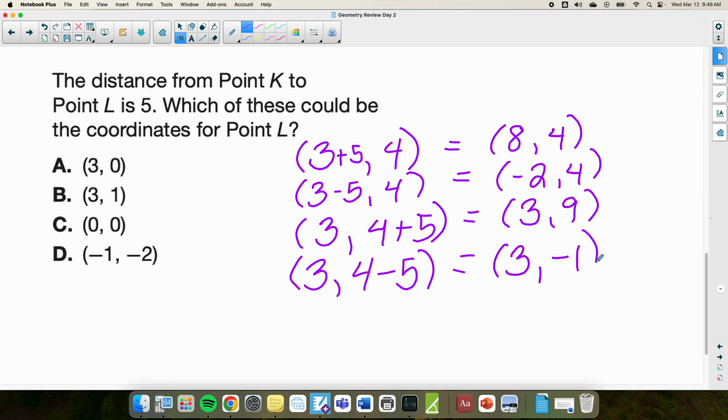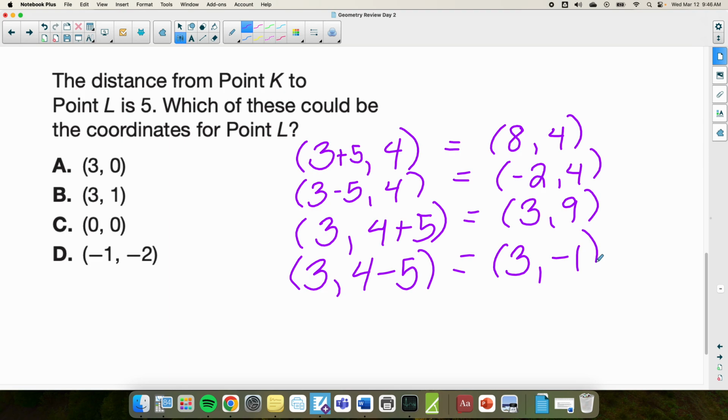Okay? Now, if I look over here, we are looking for which of them could be the coordinates, okay? Notice 8, 4 isn't over here, negative 2, 4 isn't over here, 3, 9 isn't over here, and 3, negative 1 isn't over here.